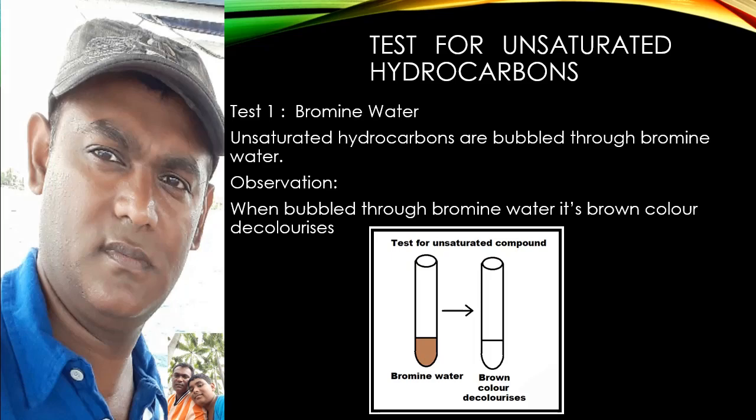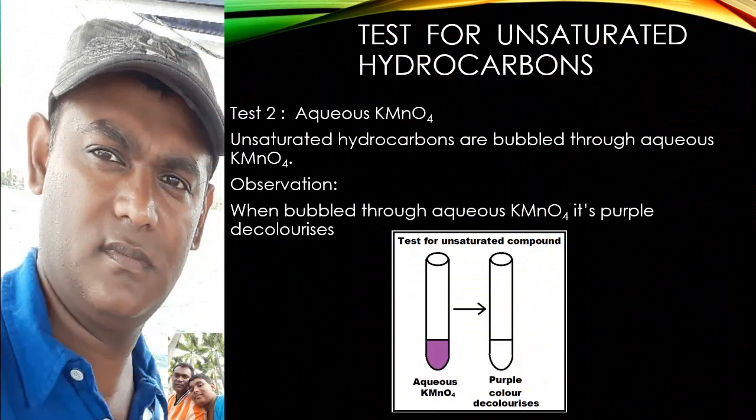Another test that can be carried out to distinguish between saturated and unsaturated hydrocarbons is by bubbling the hydrocarbon through aqueous KMnO4. The color is purple.